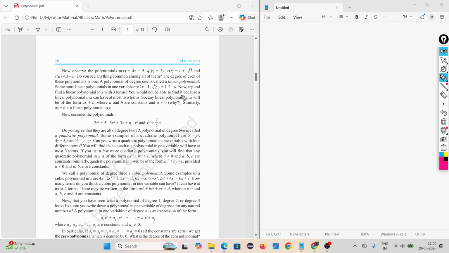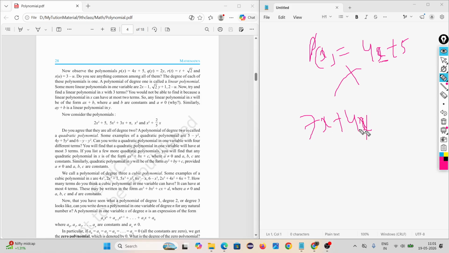You would not be able to find it, because a linear polynomial in x can have at most 2 terms. If I am telling you to find 3 terms, you cannot, because here the power of x is 1 and your variable should be x. If you don't change the variable, how can you change the power?